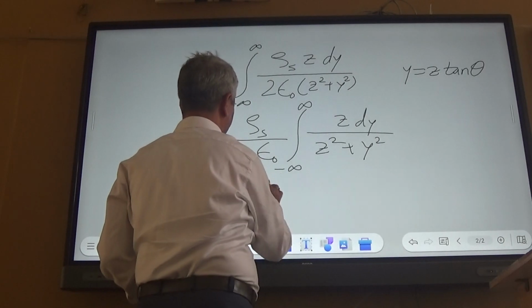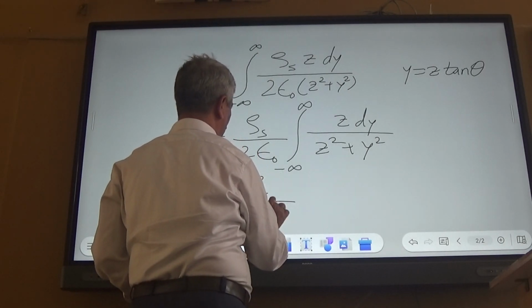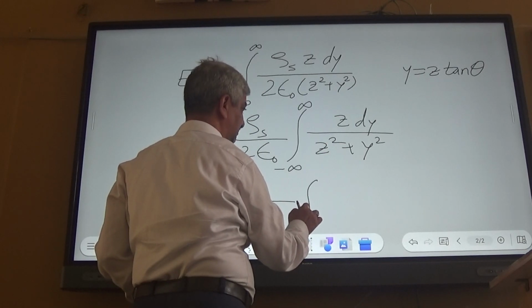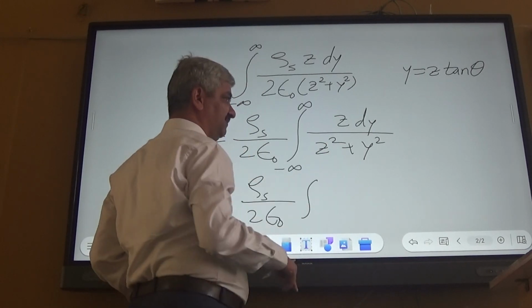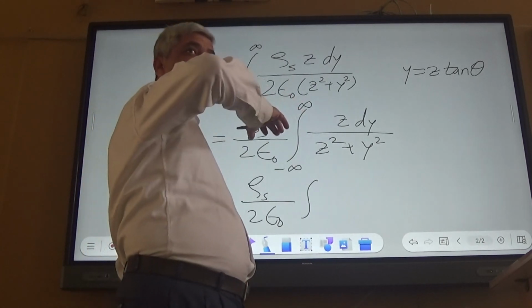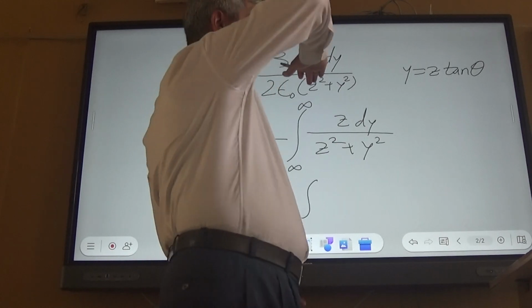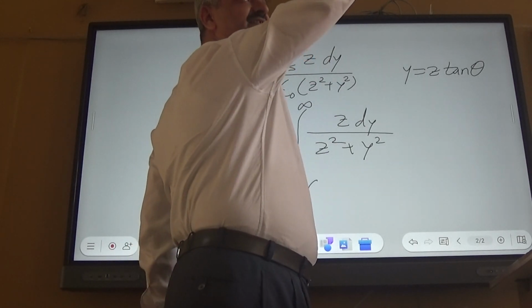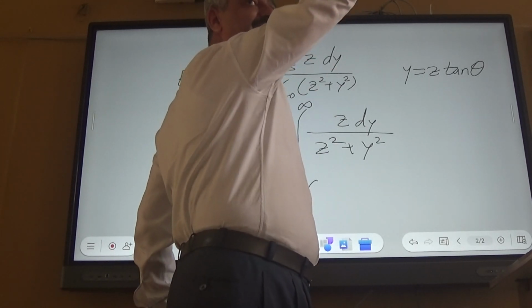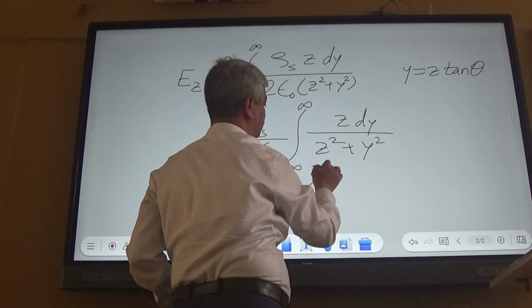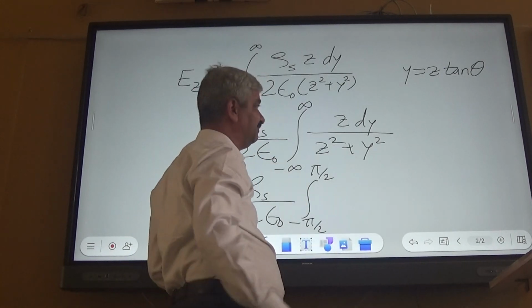So rho s upon 2 epsilon naught. What are the limits? In minus infinity to infinity, this angle is like this, right? Infinity. This angle will increase to pi by 2. Minus pi by 2 to pi by 2.